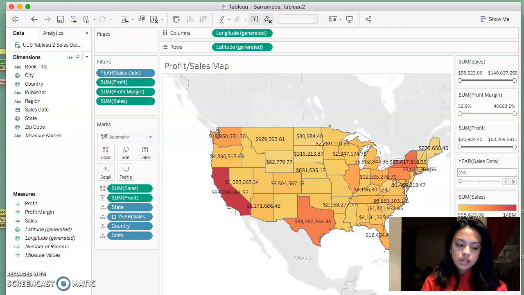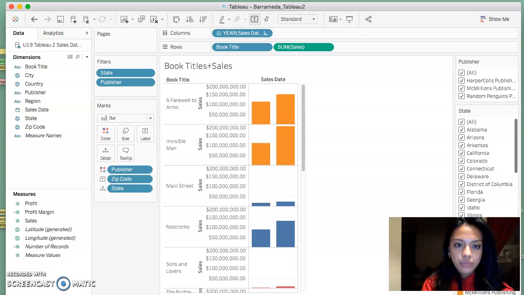Like I said, California has a lot more people, so it's pretty evident that they're going to have a lot more sales/profit margin.